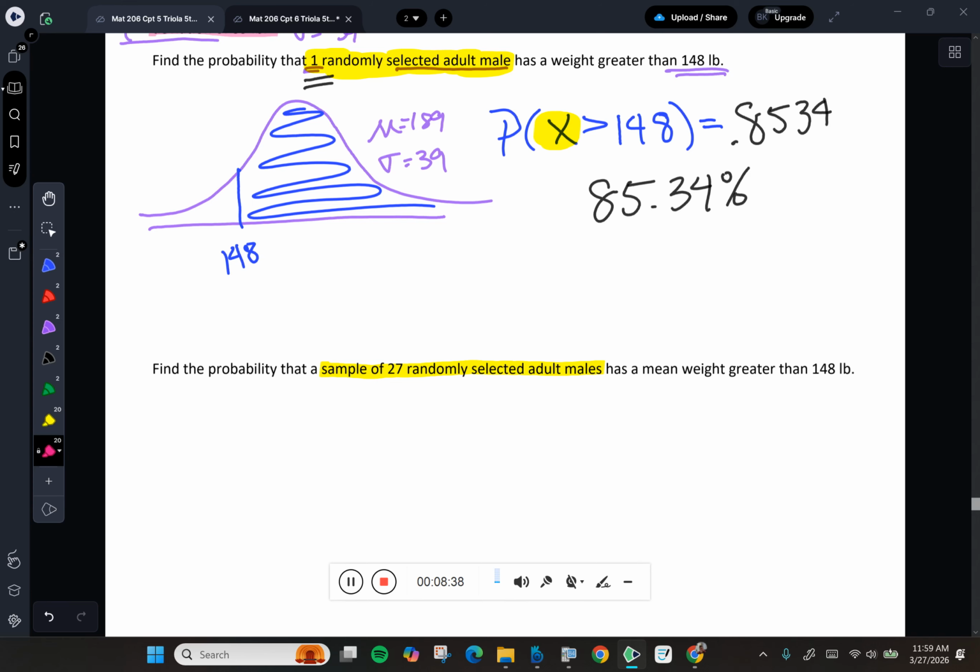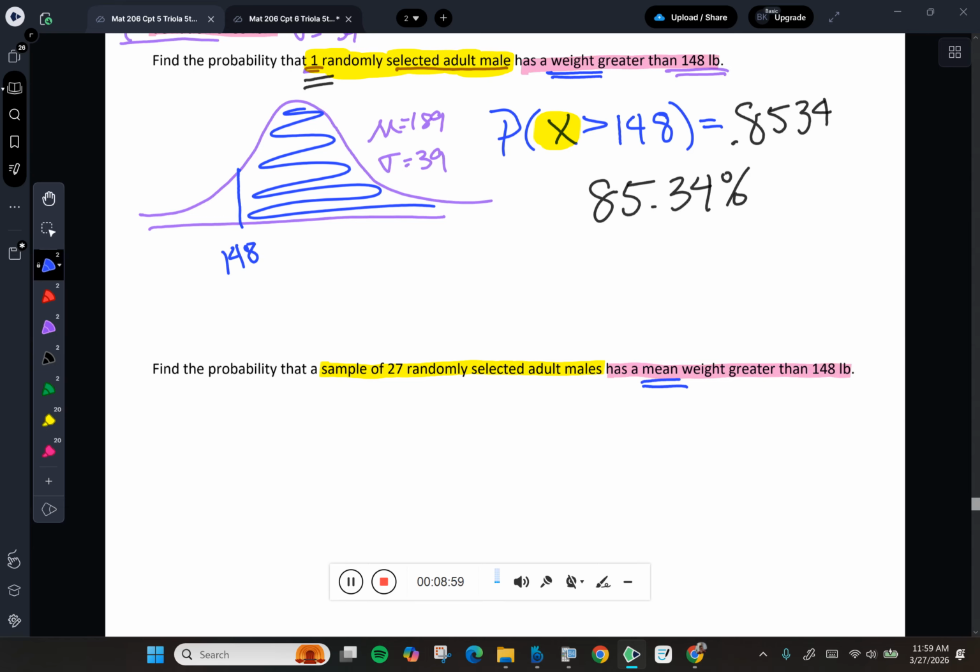Well, this part's the same. Wait, no, it's not. Up here, it just says has a weight greater. This says has a mean weight, right?